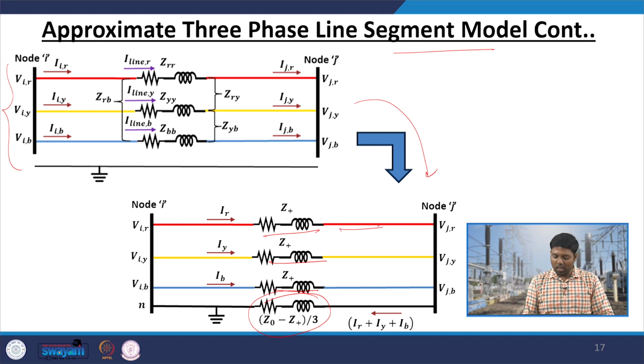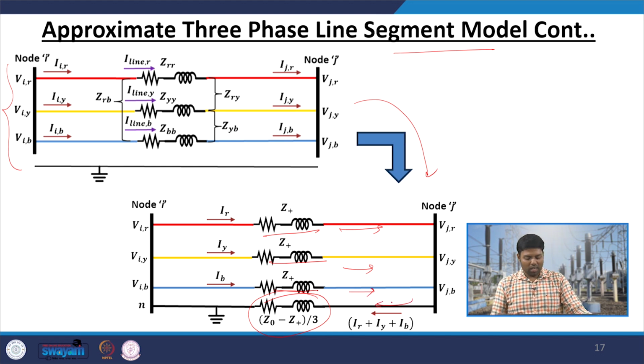So, this is your current in the phases, and the neutral wire is experiencing the current of IR plus IY plus IB. So, if it is balanced, then this current will become 0. If it is unbalanced, then this current will be greater than 0. By measuring your neutral current, you will get your phase quantities.